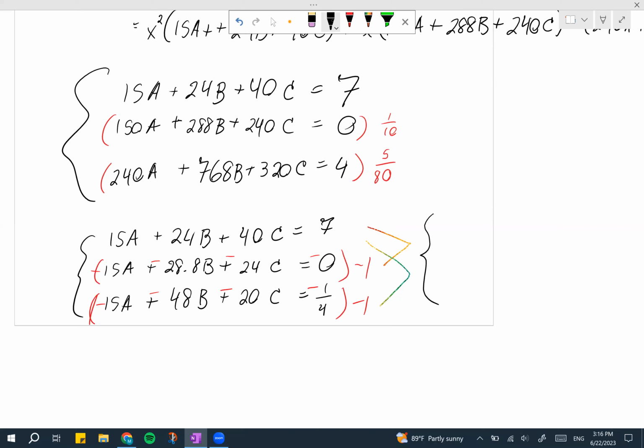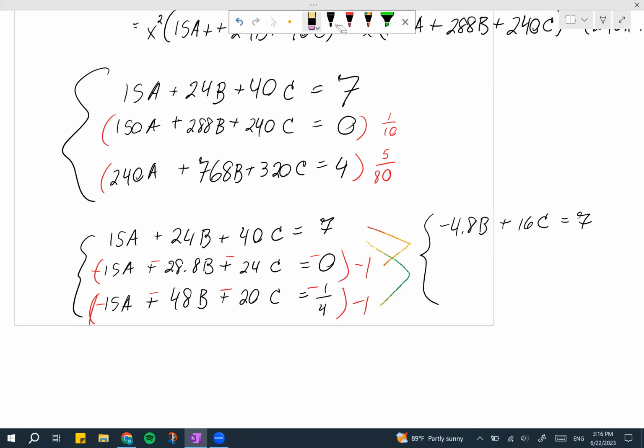Ready? Adding those first two, I'm going to get 0a, the 15a and the -15a will cancel. And I'm going to be left with 24b minus 28.8b, which is minus 4.8b, plus 20c minus 24c is 16c is equal to 7.